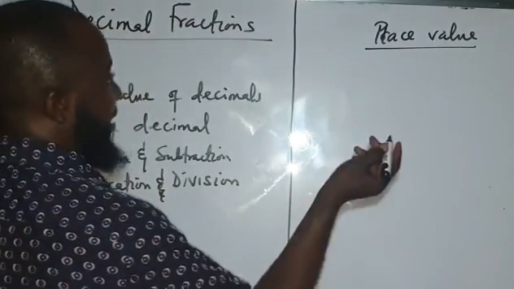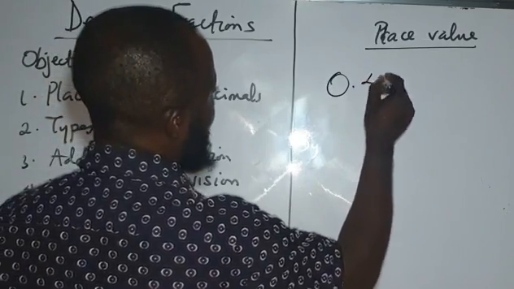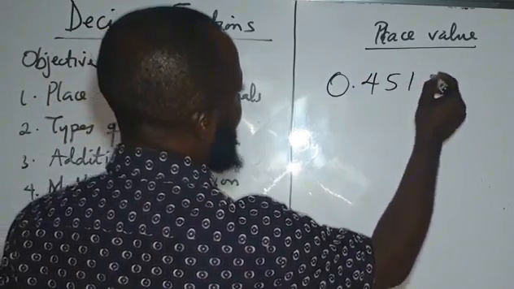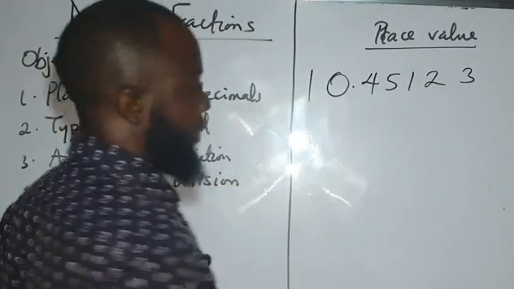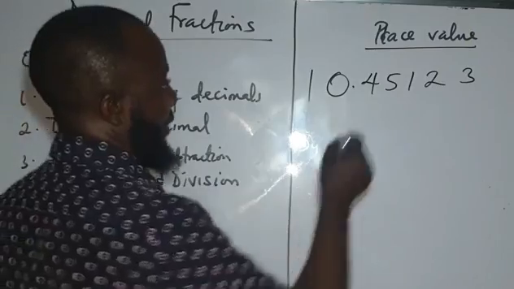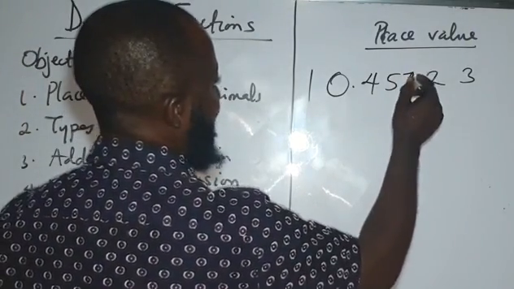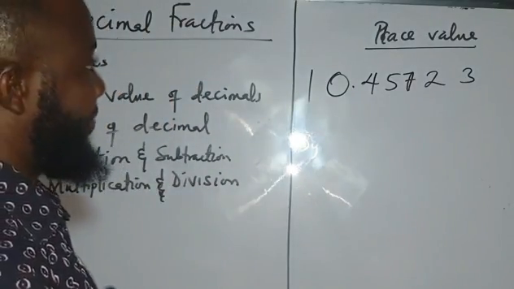So let's say for instance we have 0.45123, or let's say 10 points. We want to find the value of 7 in this number. We want to find the value of 2.